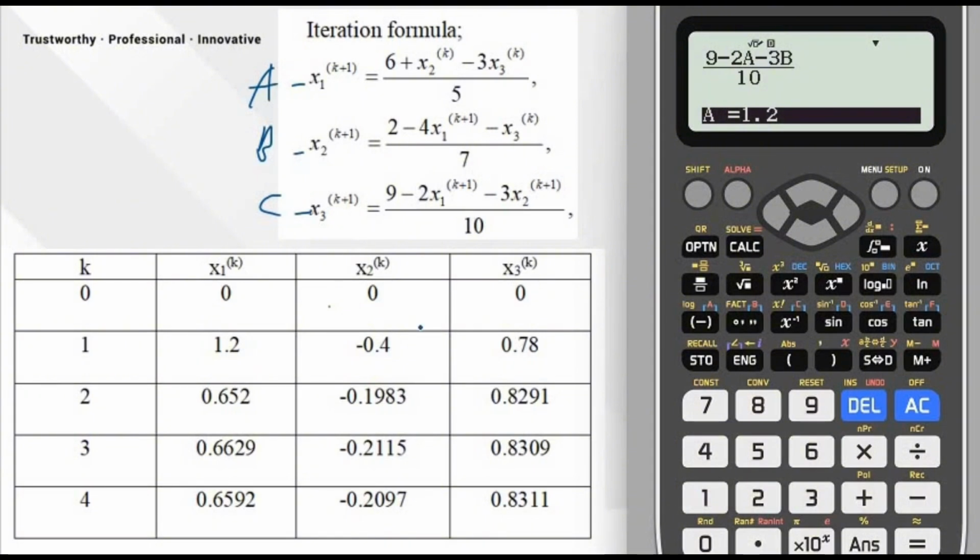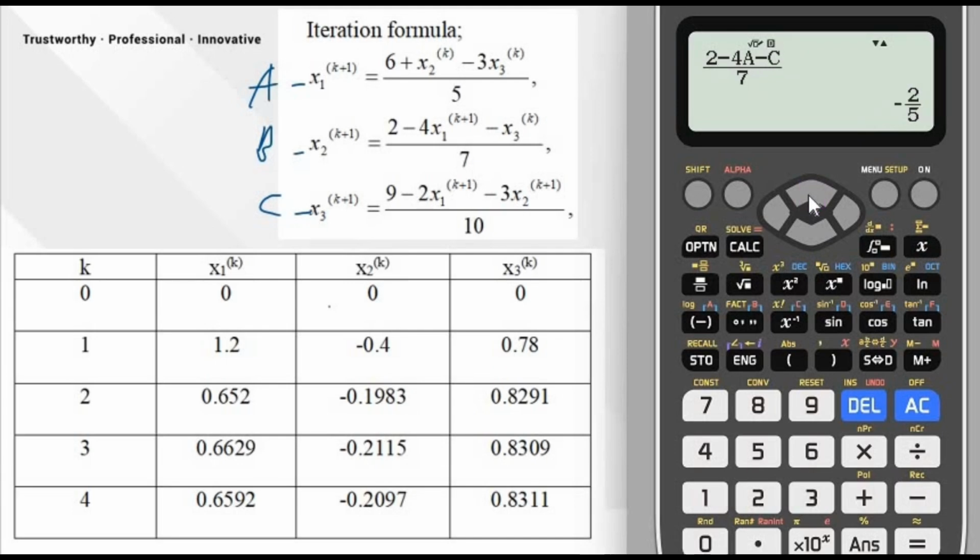For the previous A, we use 1.2. And then B, the latest value is negative 0.4, equal. Press again. Now we will get 0.78.